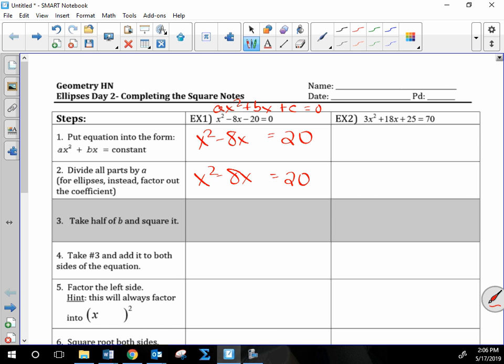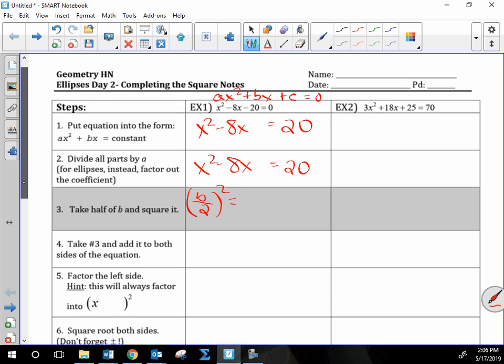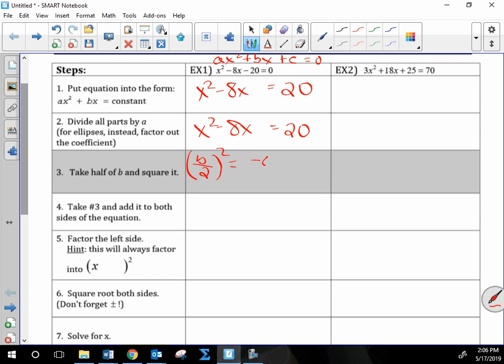So it says take half of b and square it, so (b over 2) quantity squared. What is my b value in this? Negative 8. So we get negative 4 squared, which would be 16. Let me write it out step by step: negative 8 divided by 2, quantity squared, which is negative 4 quantity squared, which is 16. Okay, this is a really important piece of information for us.